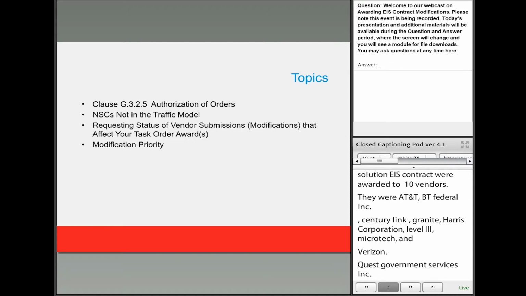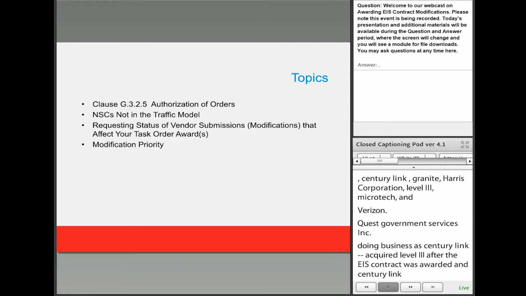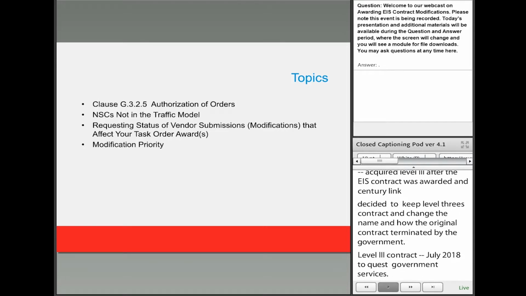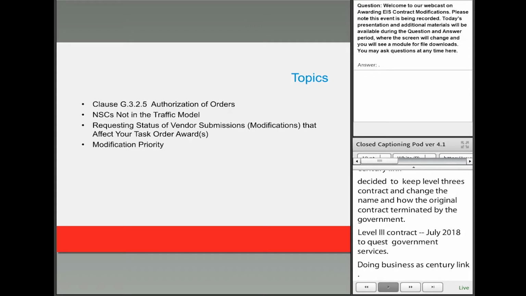The Level 3 contract was novated in July of 2018 to Quest Government Services, doing business as CenturyLink QGS. Also, in February of 2020, Harris merged with L3 Communications to become L3Harris Technologies Incorporated. Awardees consist of both large and small businesses.